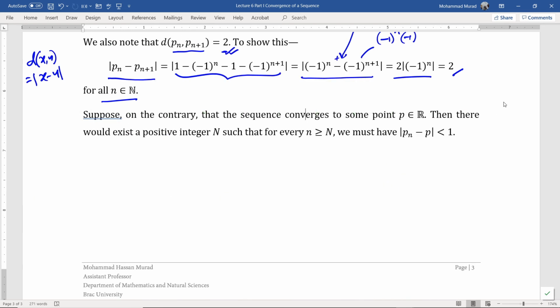Suppose, on the contrary, that the sequence converges to some point p. Then there would exist a positive integer capital N such that for every index small n greater or equal to capital N, we must have this inequality true. This is our choice of epsilon.